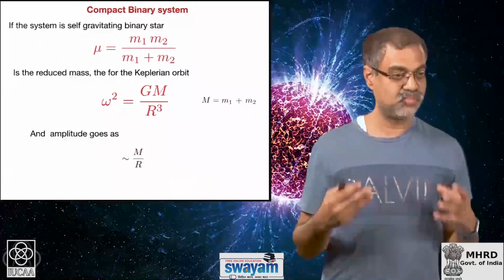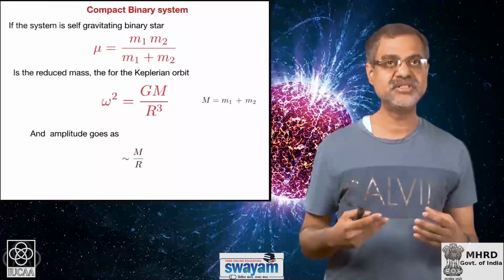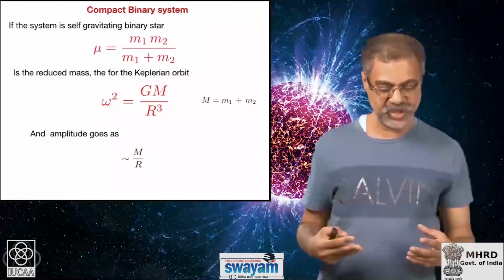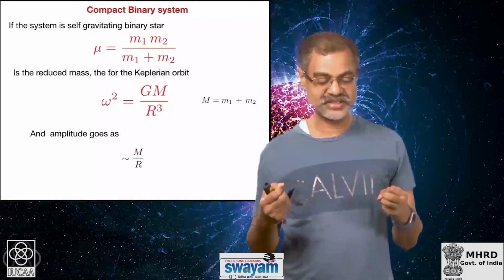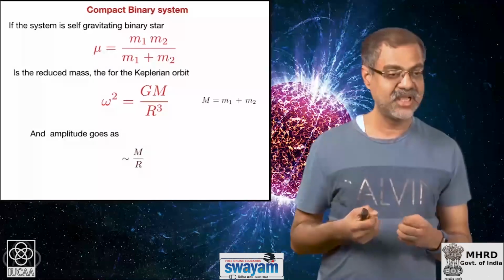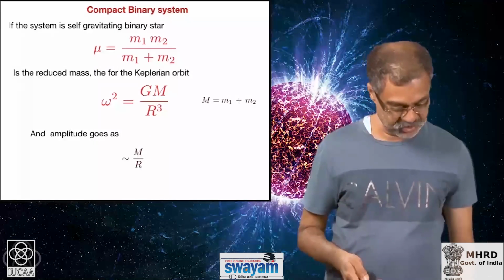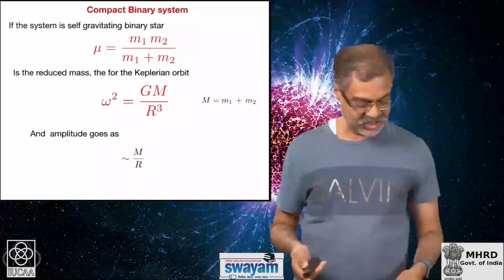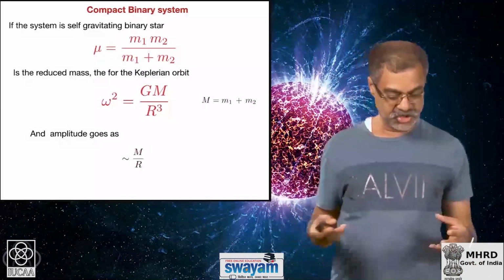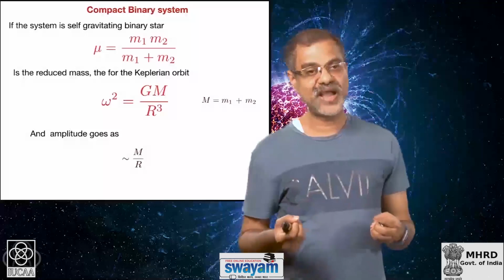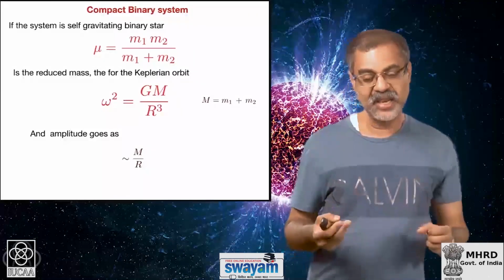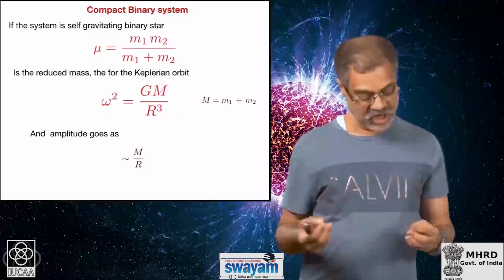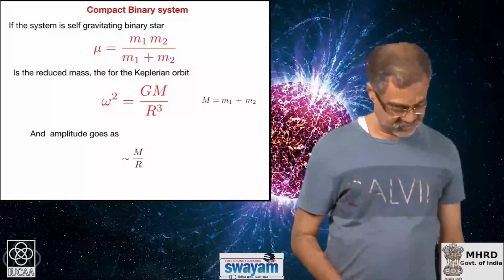That means, the more the total mass, the higher the amplitude of the radiation emitted, and the more compact the object, that is the smaller their separation, the larger the amplitude of the radiation emitted. So, this essentially requires the orbits of the stars to be close by, and each of them to be massive.